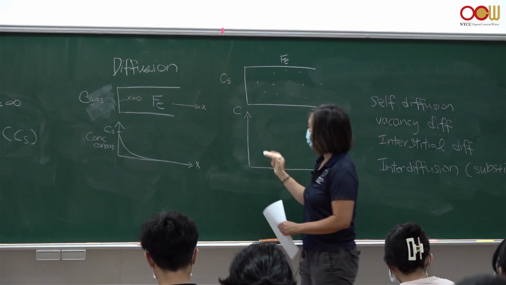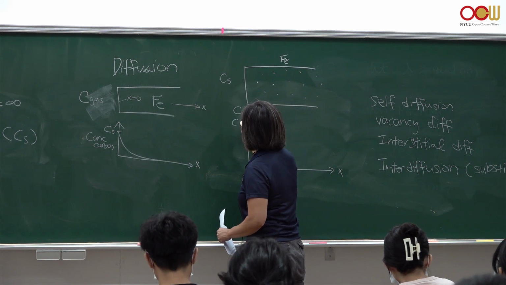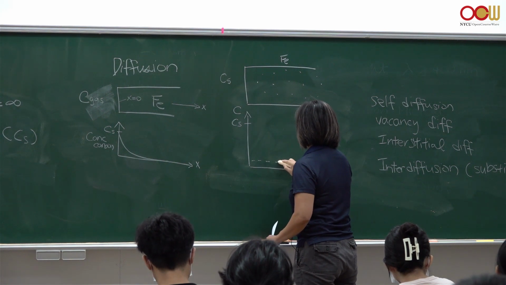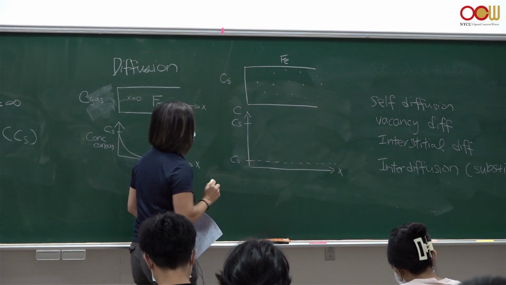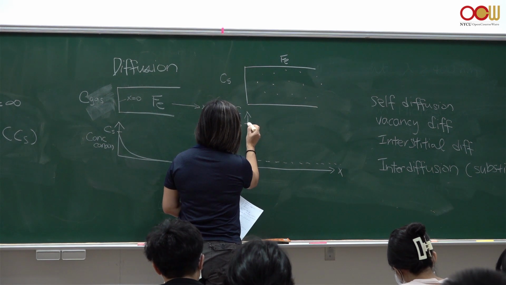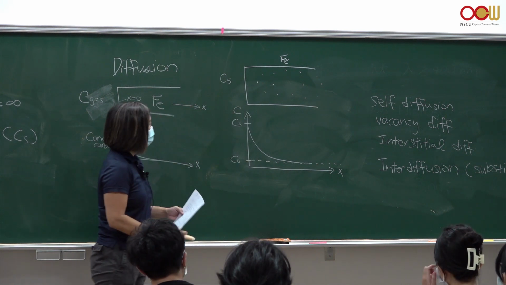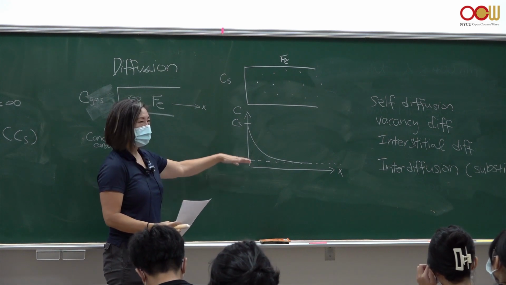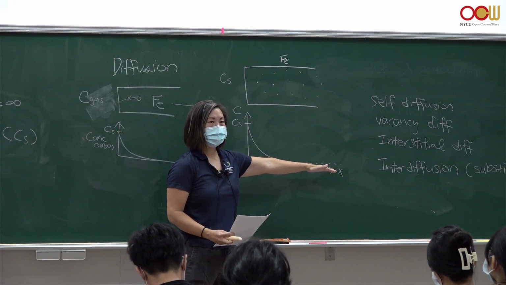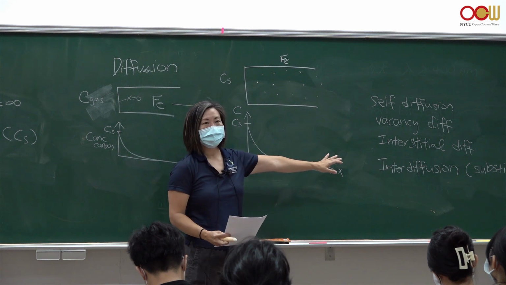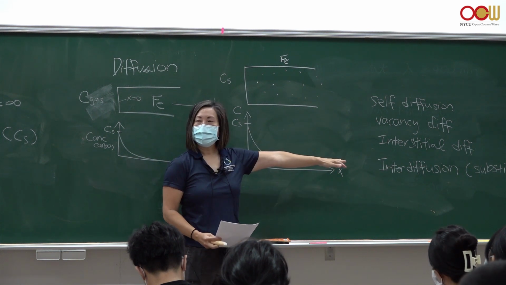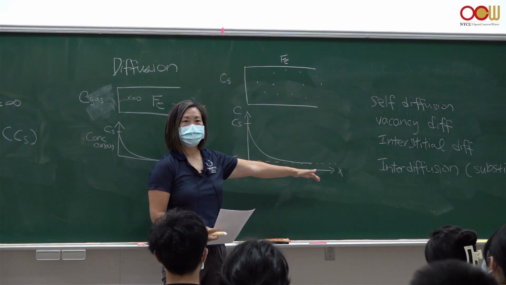So what that will look like is this CS, and you have some C0. And the concentration, as time goes on, will always go to C0. So that means that this bar is very long. You never reach the end of that bar in terms of your diffusion.